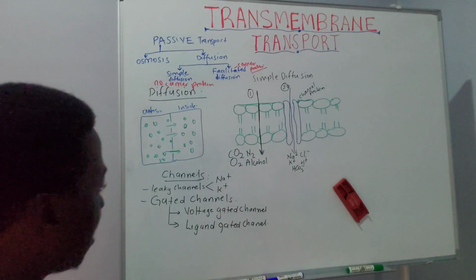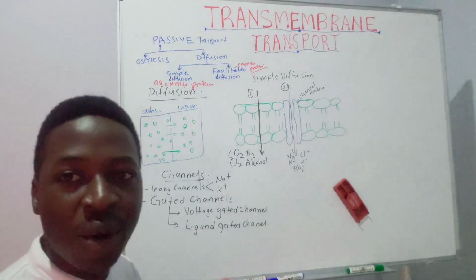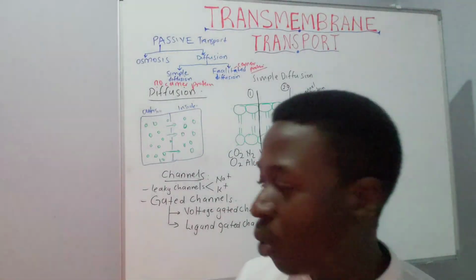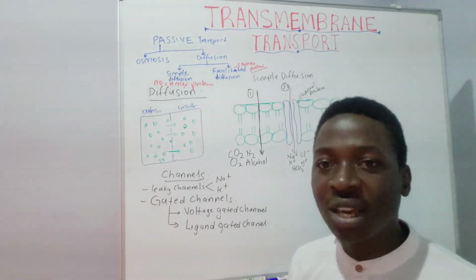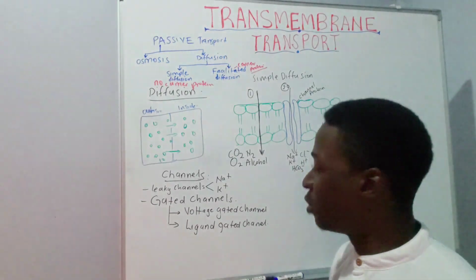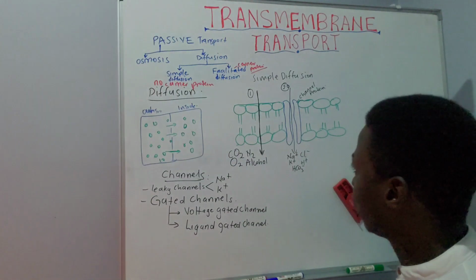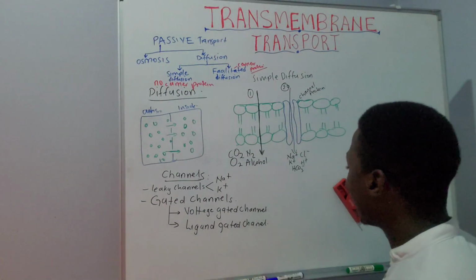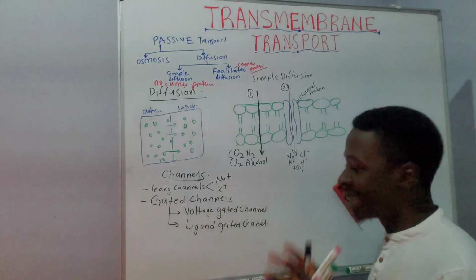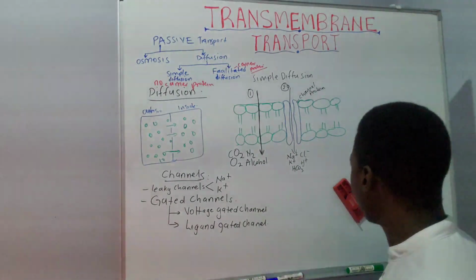Let me tell you more about the structural arrangement of these channels, because this is important to understand the details of transmembrane transport, especially as we're talking about simple diffusion and the ions that utilize the channels to move across the membrane.